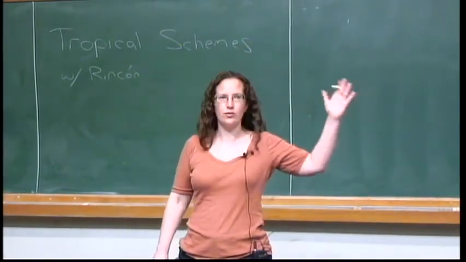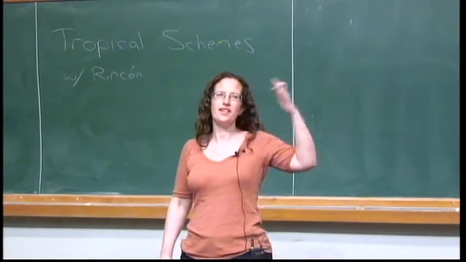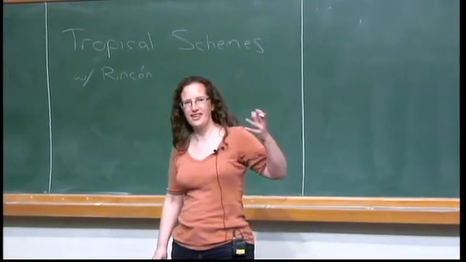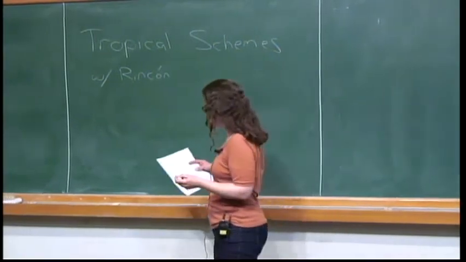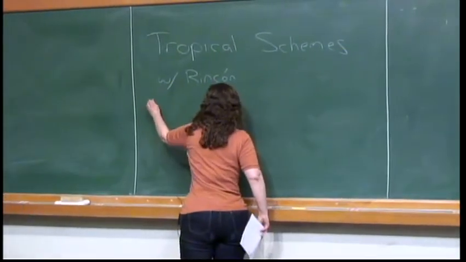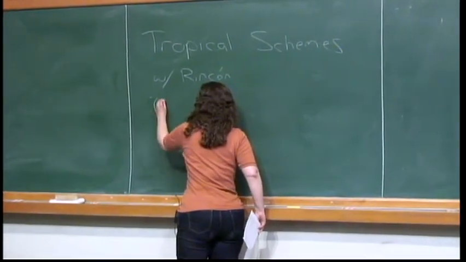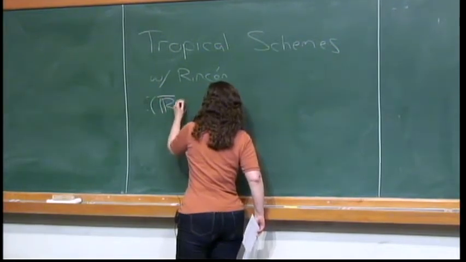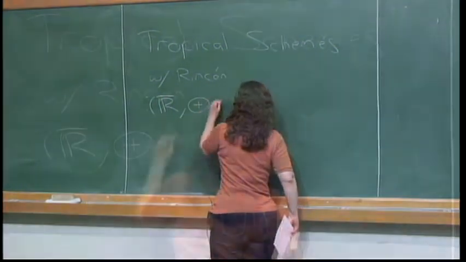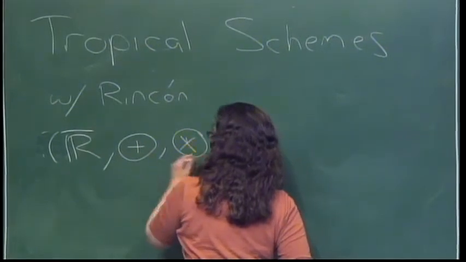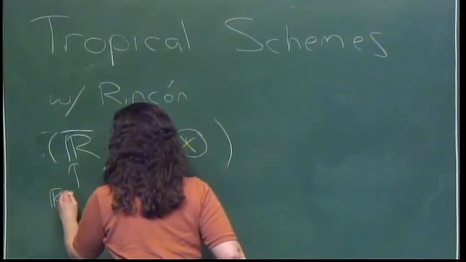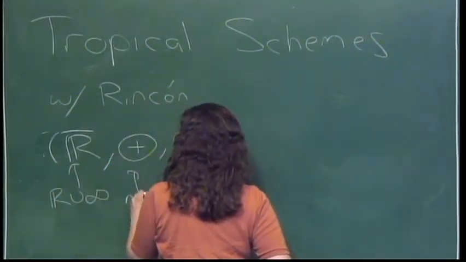But before I do that, I want to work my way up by repeating what Jeff said in the case of subschemes of projective space. So the notation will be, for me, I'm a min person, so I'll have the tropical semi-ring with operations tropical addition and multiplication. So this is R union infinity, and this is min.